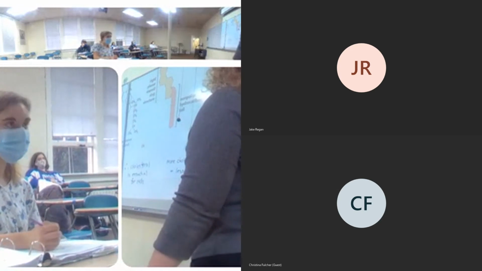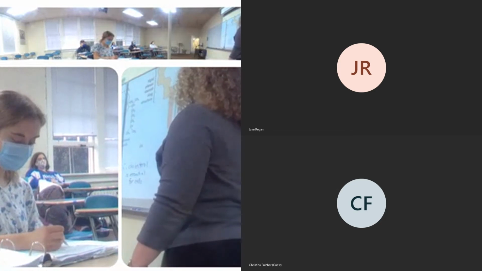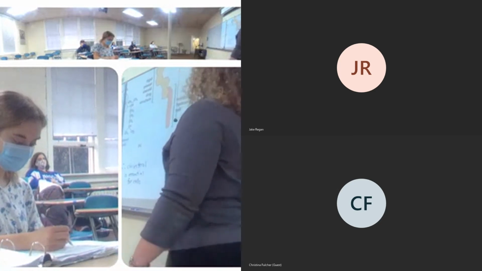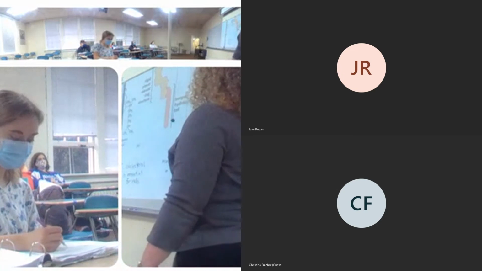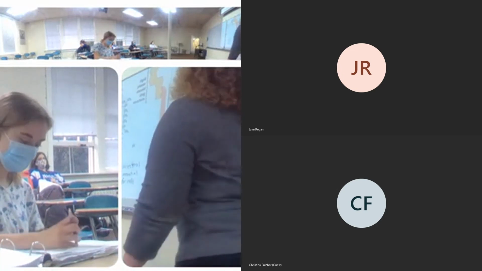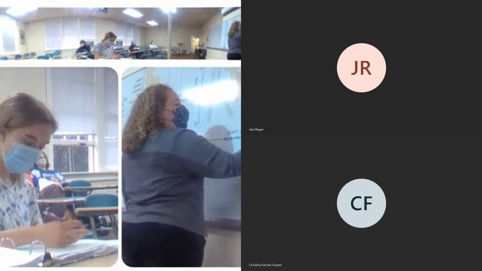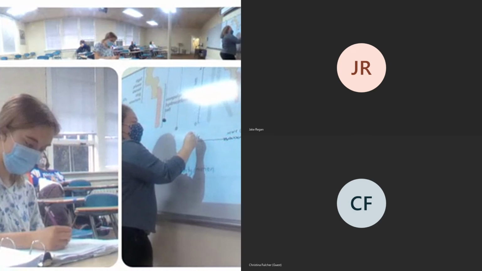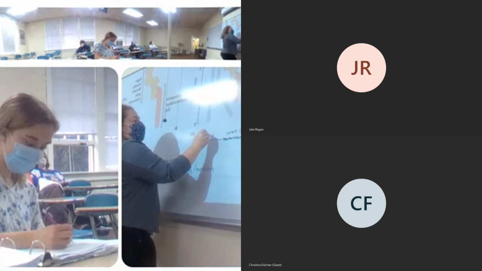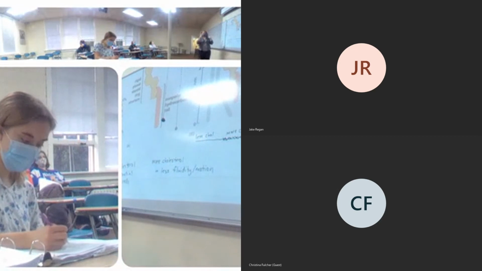So pretend that this is all plasma membrane that I'm drawing in this tacky way. And this region has more cholesterol. These regions on either side have less cholesterol. And those regions of the plasma membrane are going to act differently.